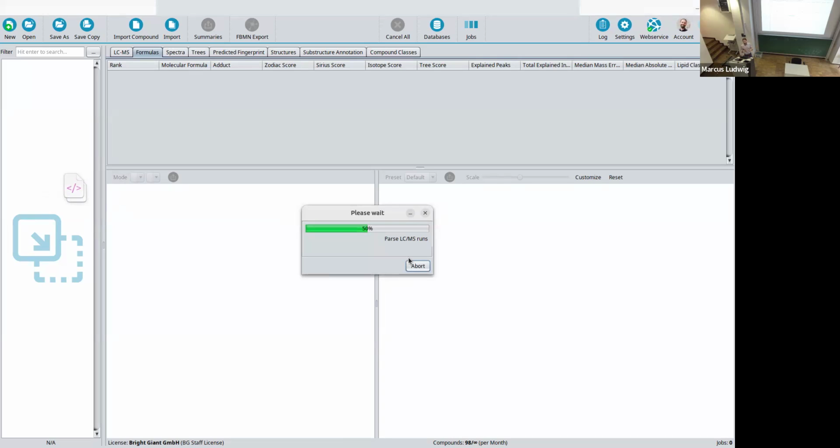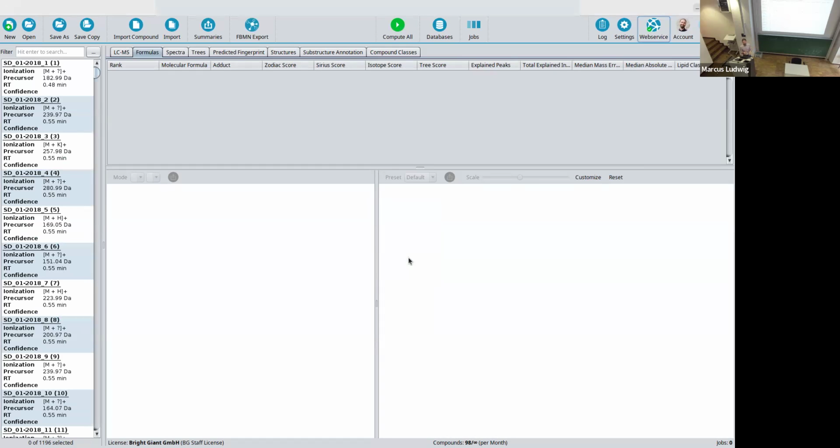In principle, Sirius can perform all the feature detection on its own to give you the compound list to work with. So this is a parameter-free approach, and it's a swift way of really starting, getting your mzML in here and starting with your analysis. This is not what we are going to analyze today, because today we will use the MGF produced by MZmine.